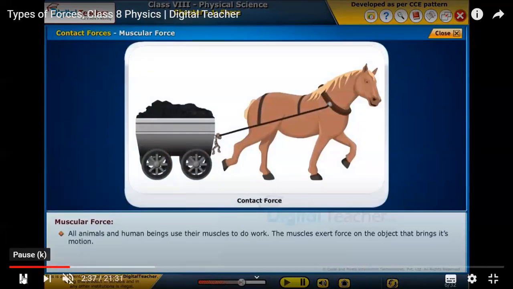All animals and human beings use their muscles to do work. You can see the picture here. The muscle exerts force on the object that brings its motion. Muscular force can also change the speed of moving bodies.